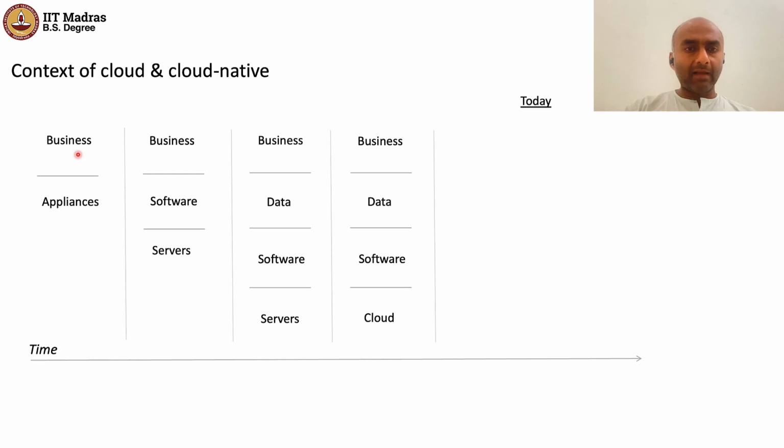So that happened at that time using what came to be known as appliances, and the kind of problem statements those appliances were solving for with specialized software built internally were catering to specific business problem statements, right? They were not general purpose, they were highly specialized pieces of equipment.